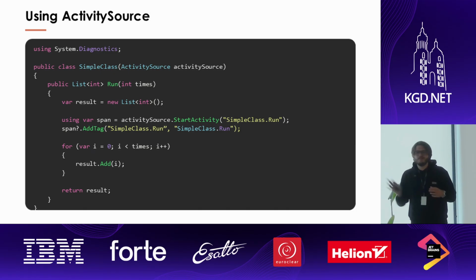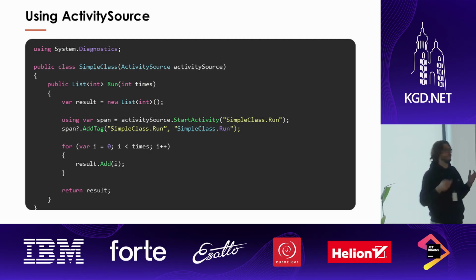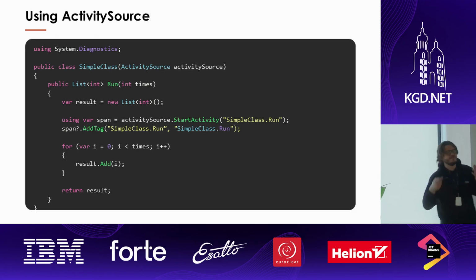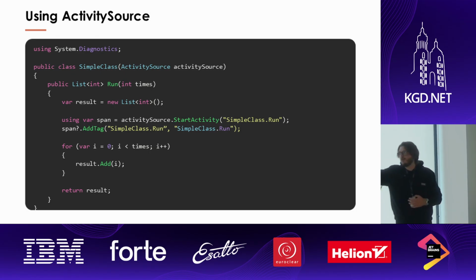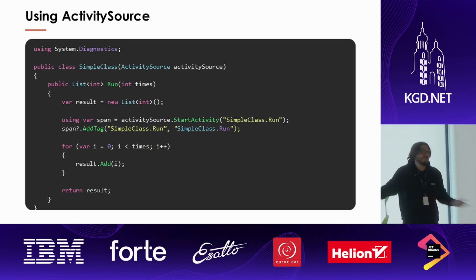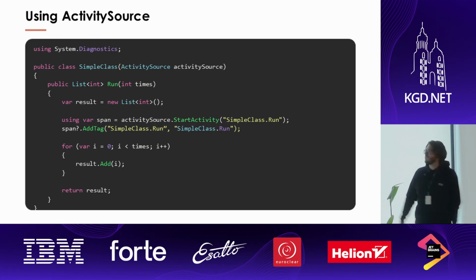Here also one more thing. Guys from OpenTelemetry said you don't need to collect data about things you aren't interested in. For example, I don't care how much time I will spend on the creation of this list. I don't care, actually. And that's why I decided to create the span after that. And please stick to that approach.